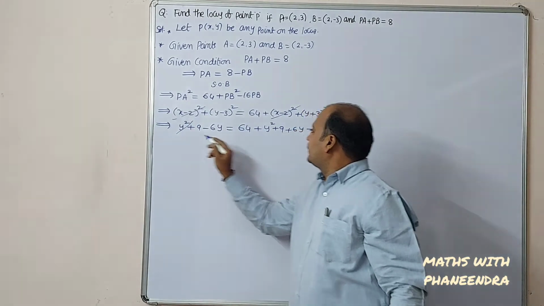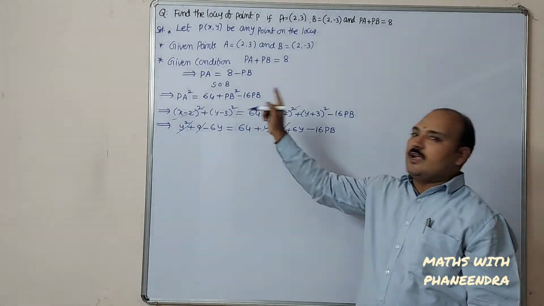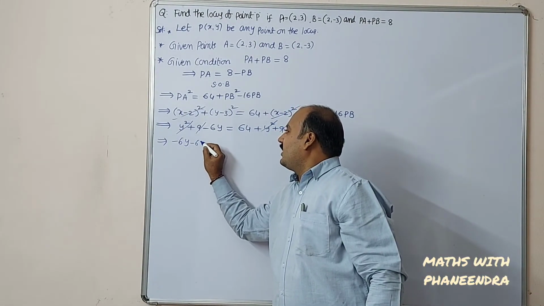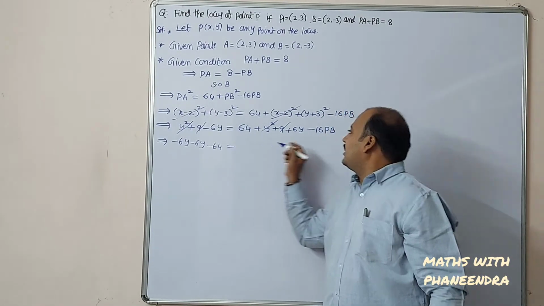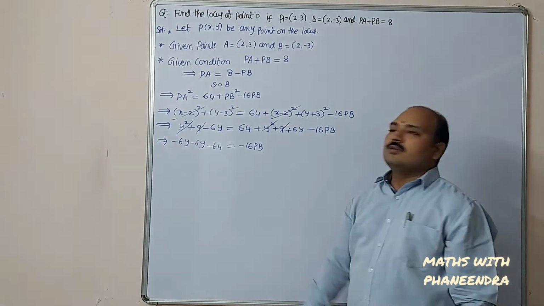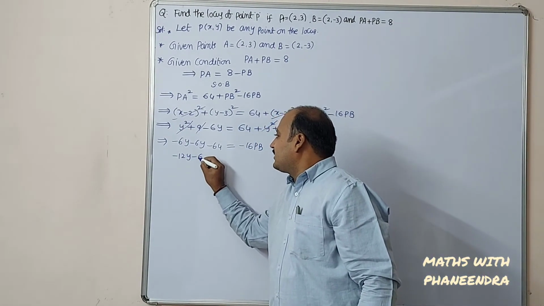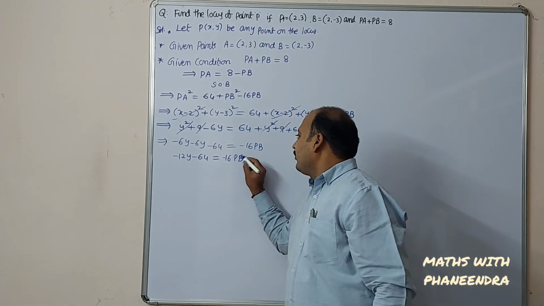Both sides y square and 9 you have to cancel. 6y we can take to this side. I already have minus 6y here. Minus 6y, and 64 also we can take, minus 64, which is equal to minus 16 PB. So minus 6y minus 12y minus 64 is equal to minus 16 PB.